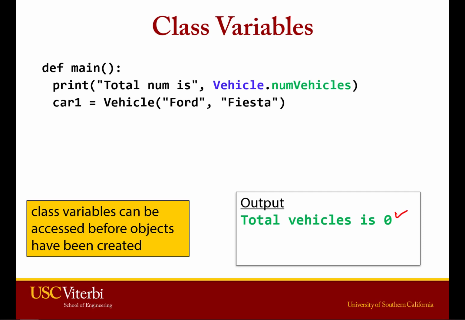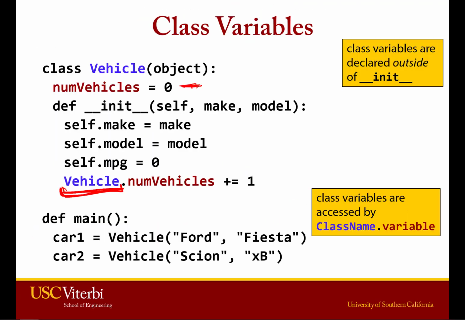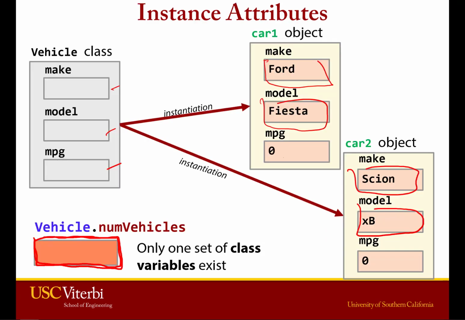Now, when you create your first vehicle, again, jumping back for a moment, we can see that every time we instantiate, we increase the number of vehicles by 1. And so this variable, again, is stored here globally, essentially, if you want to think about it that way.